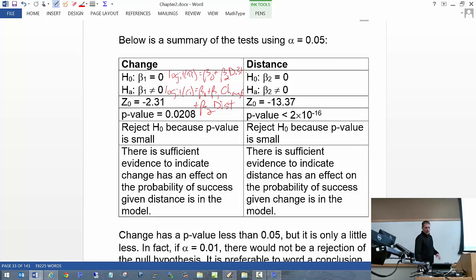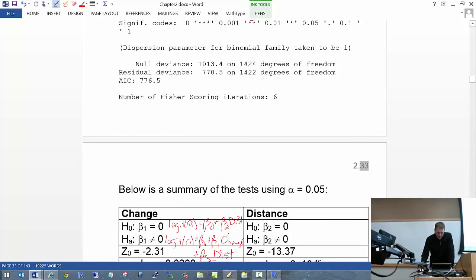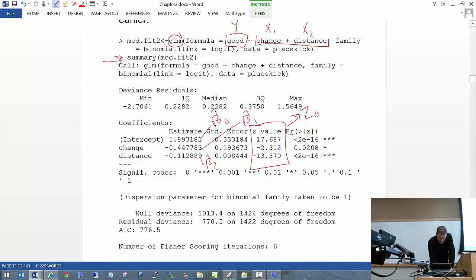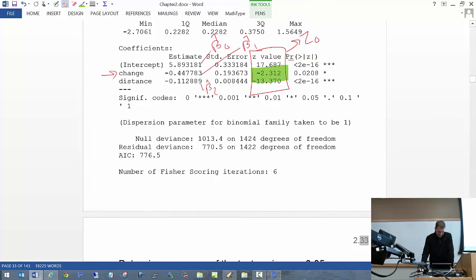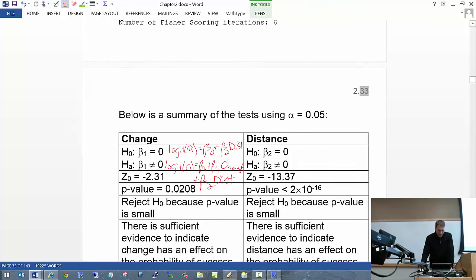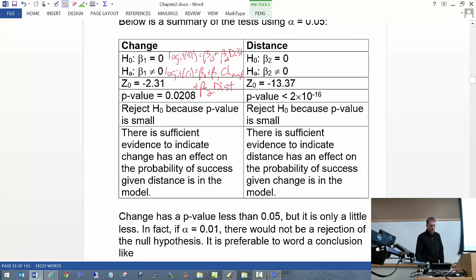So, if we go back to the output again, for change, we can see that my test statistic is negative 2.31. Also, we can see that the p-value is 0.0208. And it's a relatively small p-value, so we would reject.